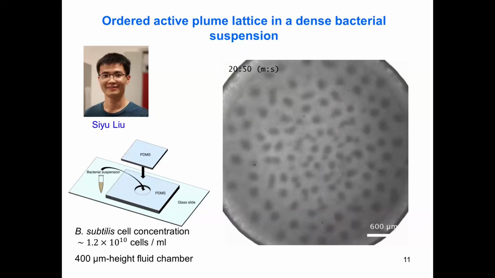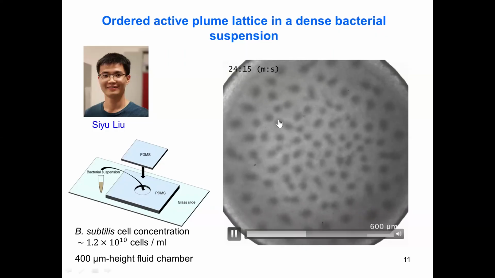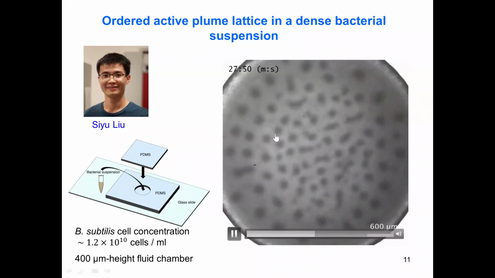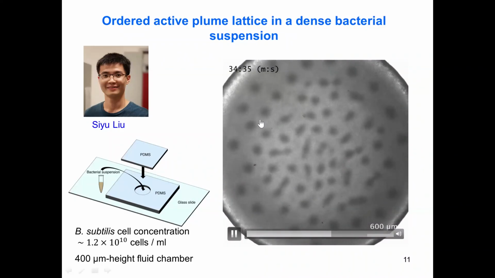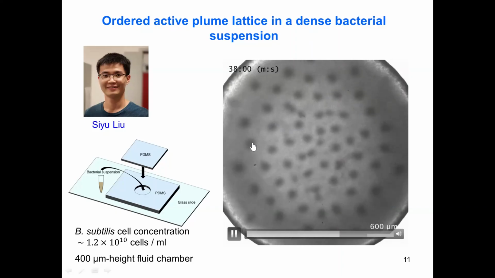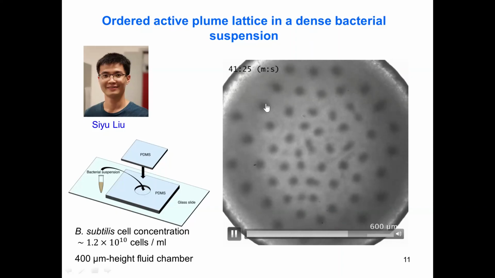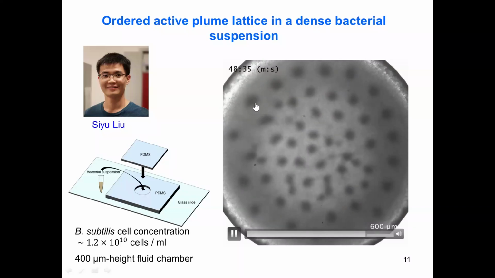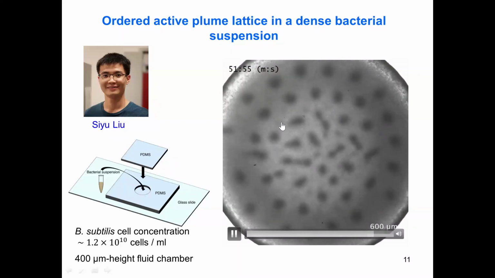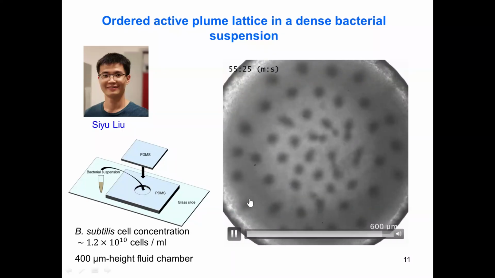And these regions, these darker spots, represent areas with a higher density. Initially, these darker spots are irregularly positioned, but their position becomes more and more regular.